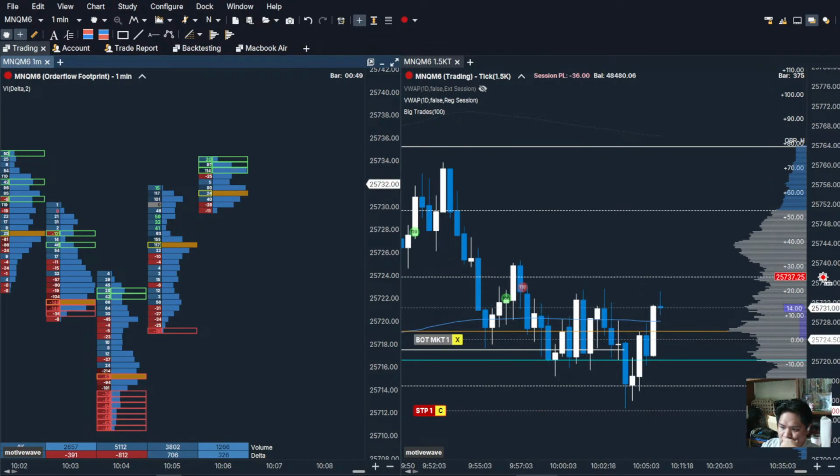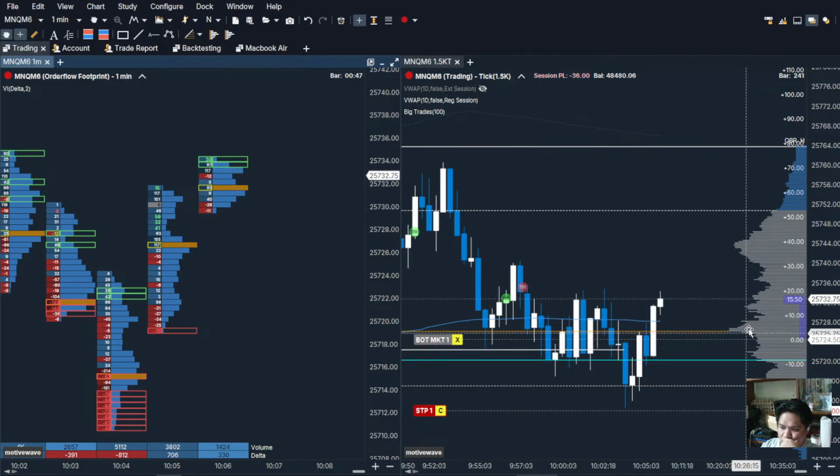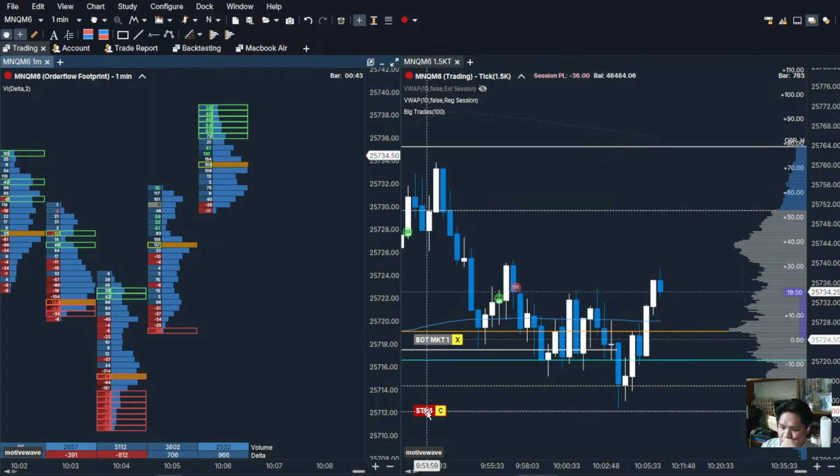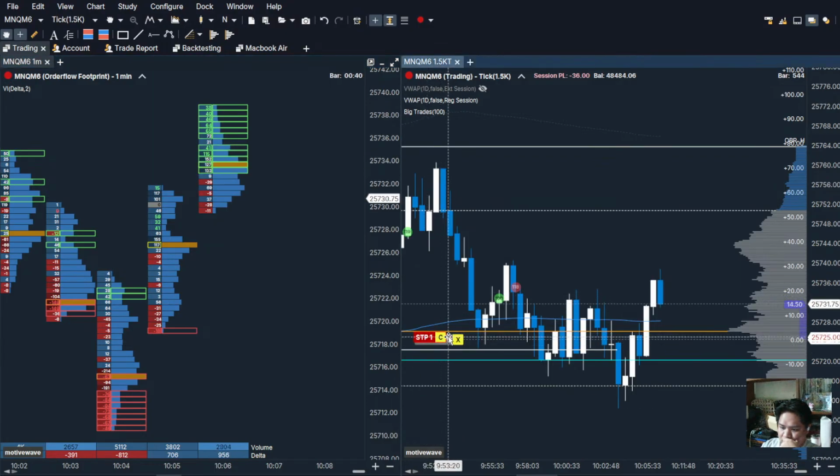See if we can get to 30. Up until 30. Moving my stop loss to break even.